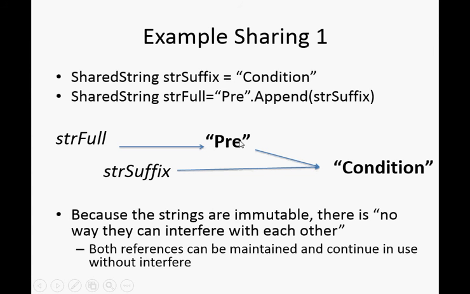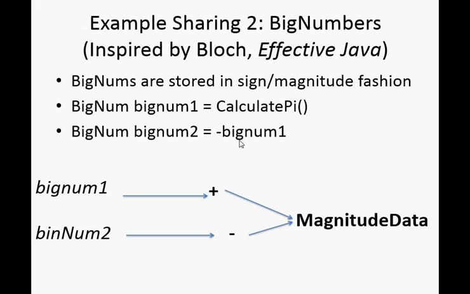If these were mutable, there'd be the concern that someone with a reference might modify one of these items and thereby change the string from under it. But if we know they're immutable, we can reuse these and link them together with confidence that someone using this reference is not going to change what's being seen by this other reference. There's no way they can interfere with each other.